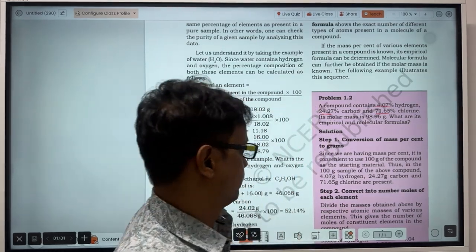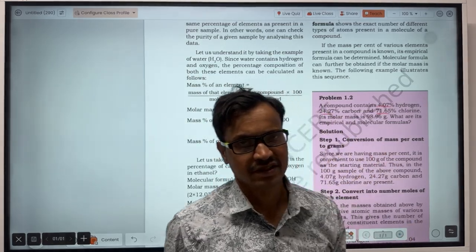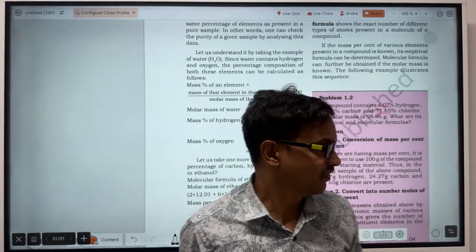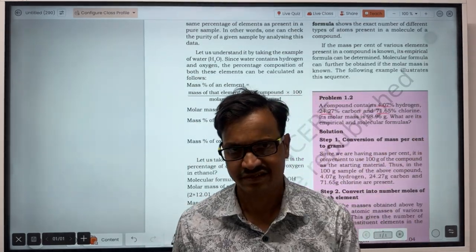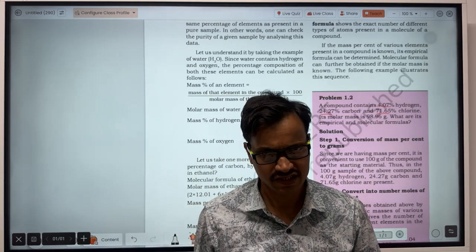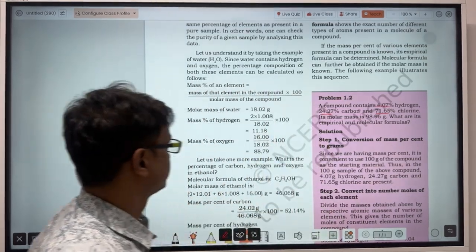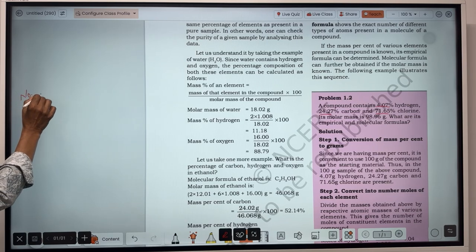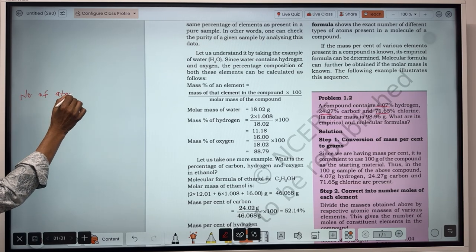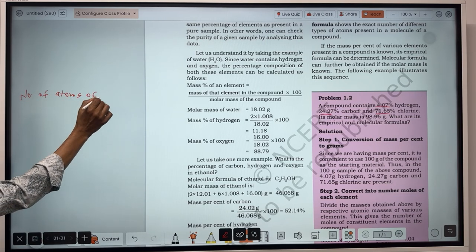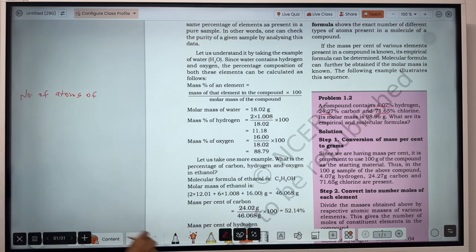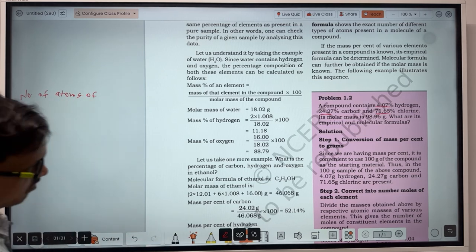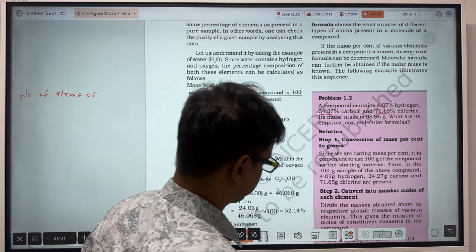Firstly, we will calculate the number of atoms of different elements. So the number of atoms, or the number of moles of atoms, you will tell that.